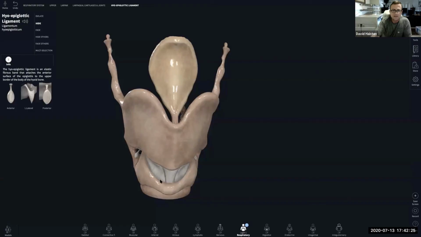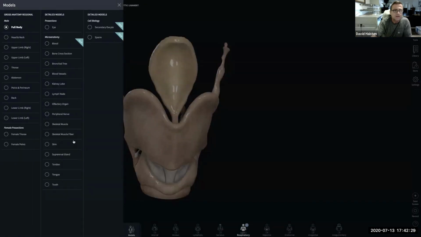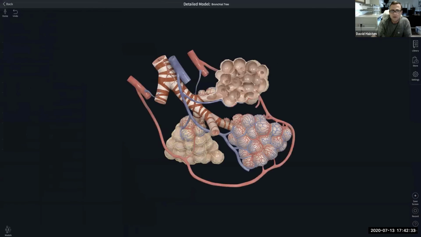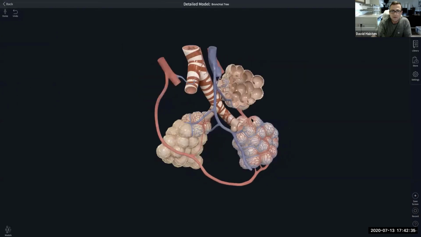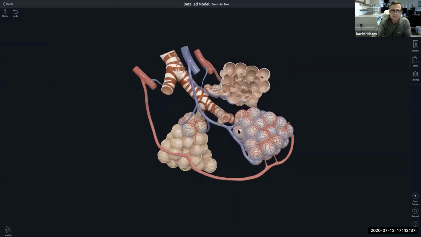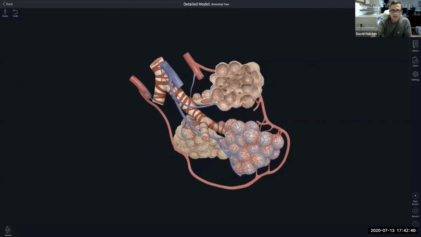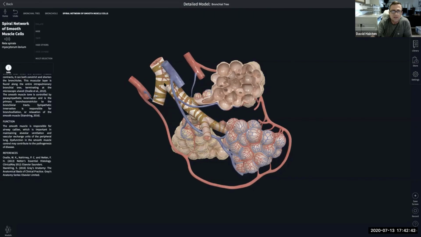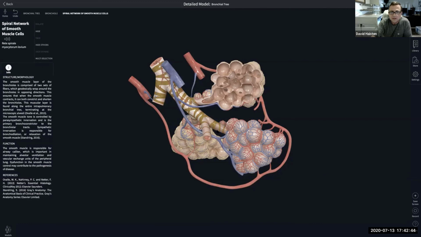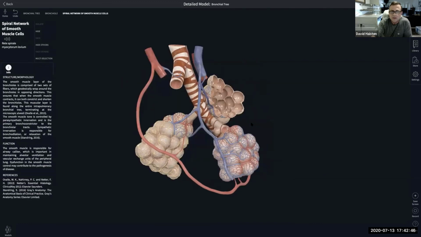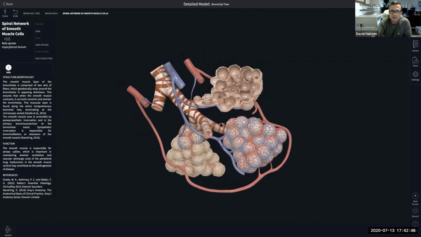Okay. As awesome as that fleshy colored larynx was, it's not that awesome. Let's look at this. So here you go. Okay, so this is the smooth muscle that's around these fine bronchioles and all that.